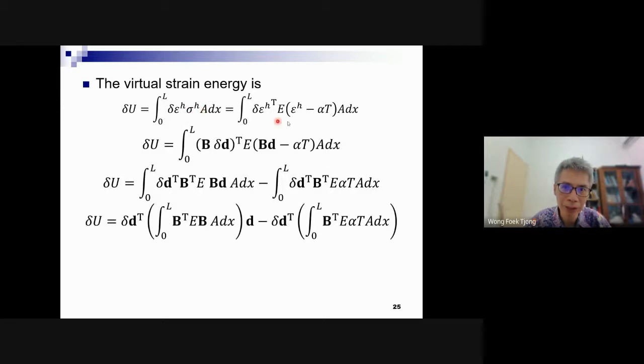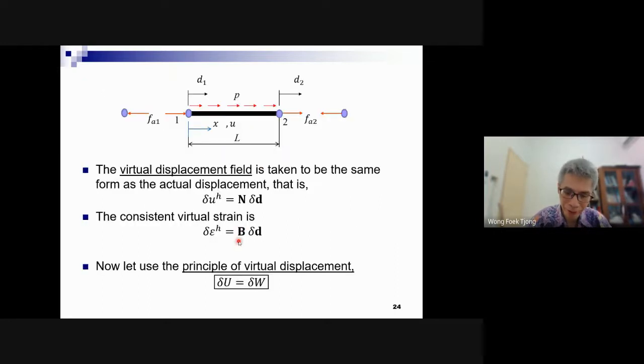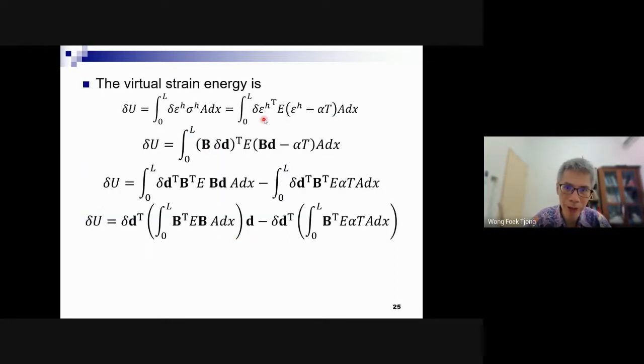But the stress is this one, according to the constitutive equation, right? And then what's this? That's B delta D from this one. Okay, that's from that one. I use transpose because this is a scalar, right? If a scalar is transposed, it remains the same, so I can write like this. Why use transpose?